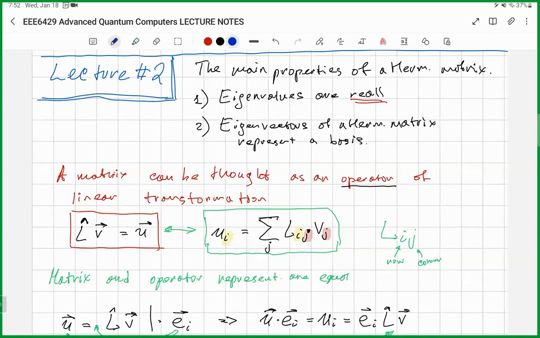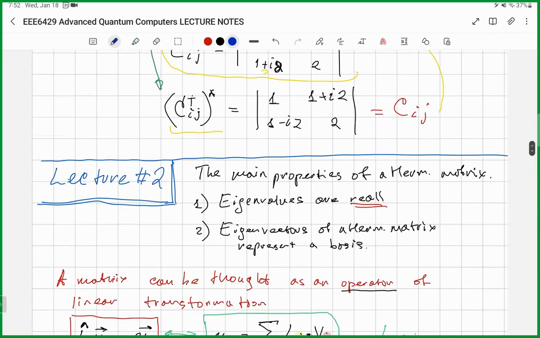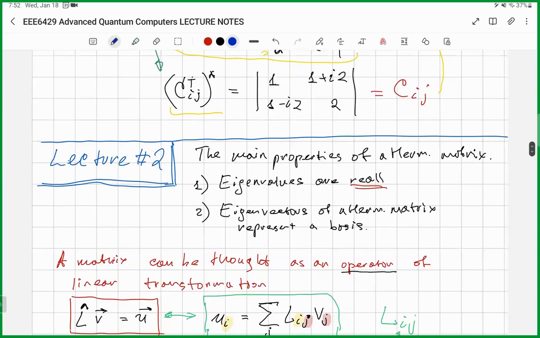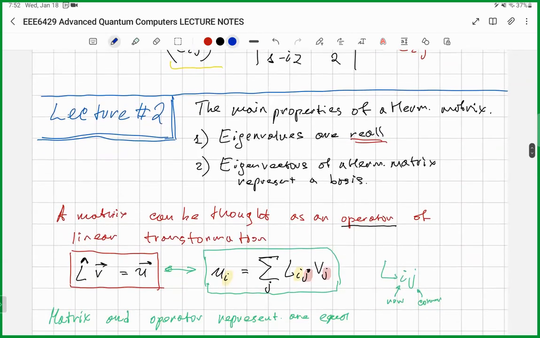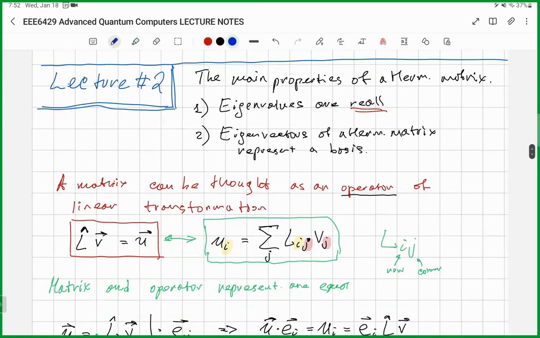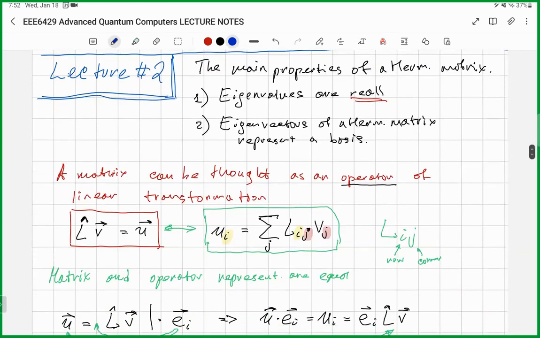And one particularly important case of matrices is the Hermitian matrix. A Hermitian matrix is a matrix that coincides with its Hermitian conjugation. Hermitian conjugation is the transpose and complex conjugation.